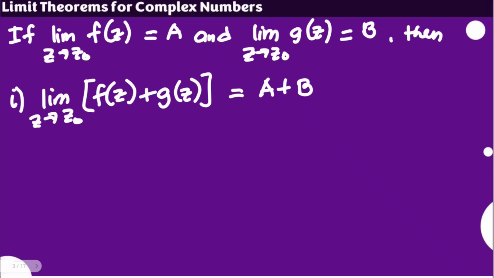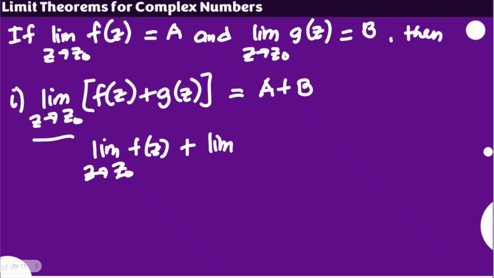But of course, this is a theorem, so we just need to show that it is true. This may not be enough for this video, but allow me to do a certain representation. A theorem will allow us to distribute this limit. So you have the limit of f of z as z approaches z sub 0, plus the limit of g of z as z approaches the same z sub 0.